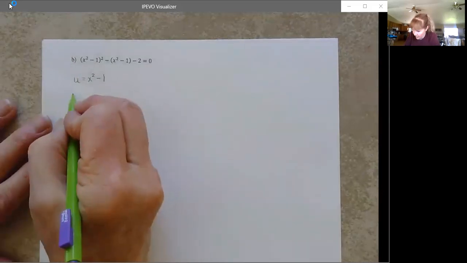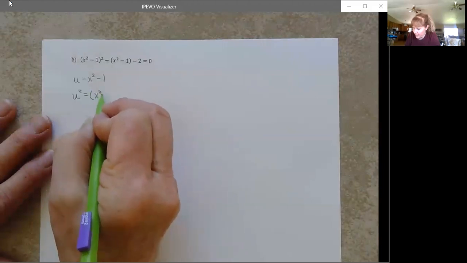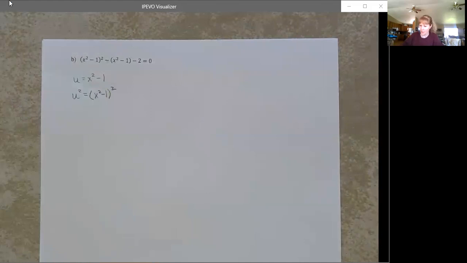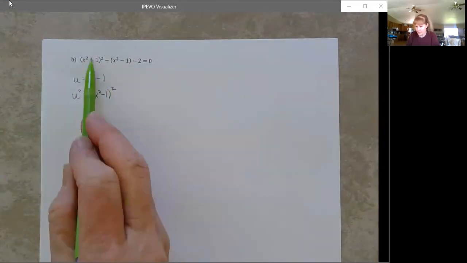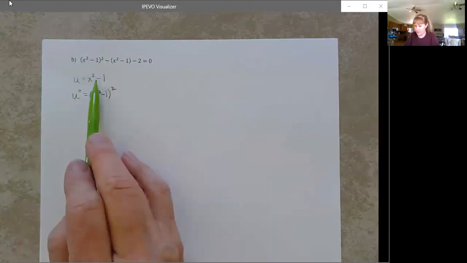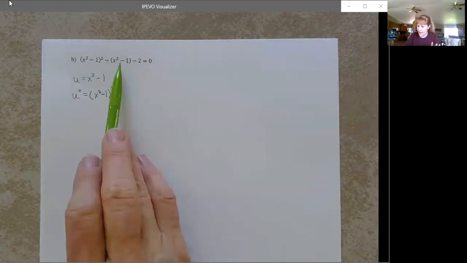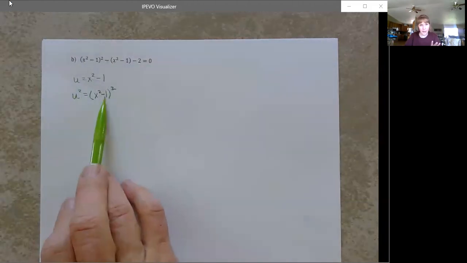Okay, so I square the u, and then I'm going to square this, and you do need parentheses because you want to square the entire thing. Well, this does look like this, and this one looks like here. So I'm ready for my substitution. So don't make this part too hard. Just make that middle term the u, and then square it and square it.